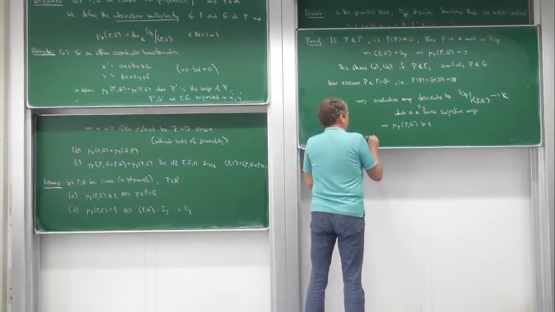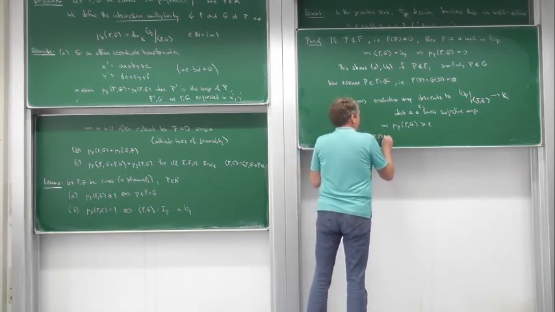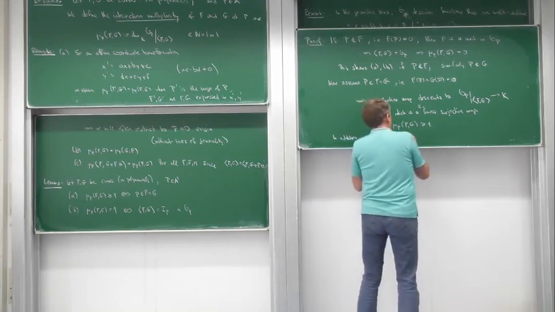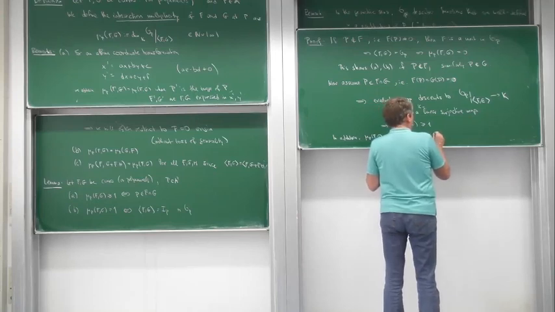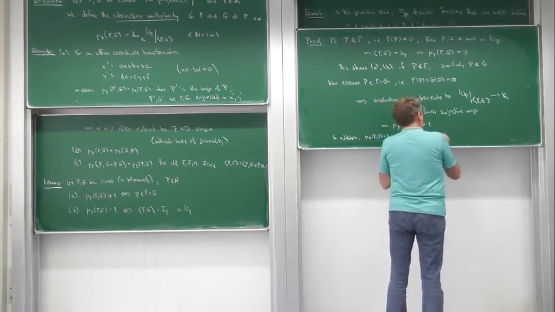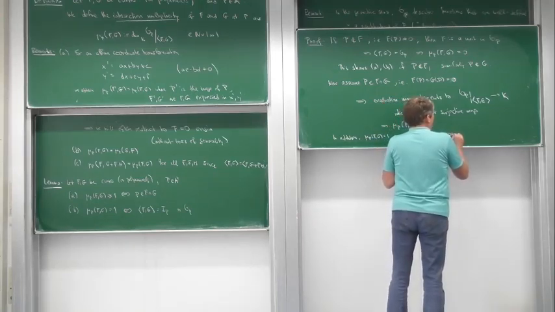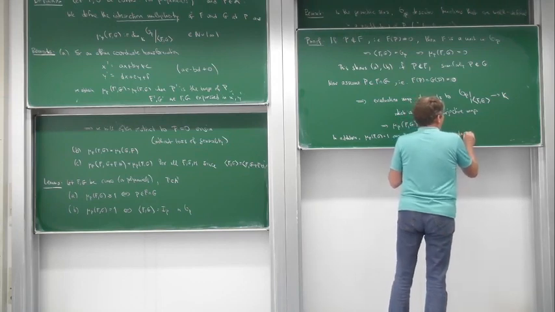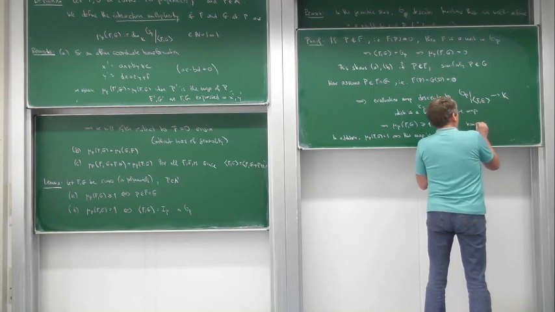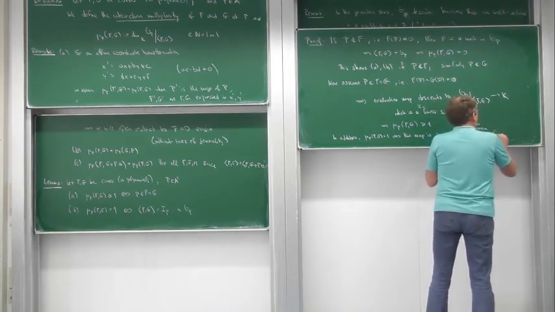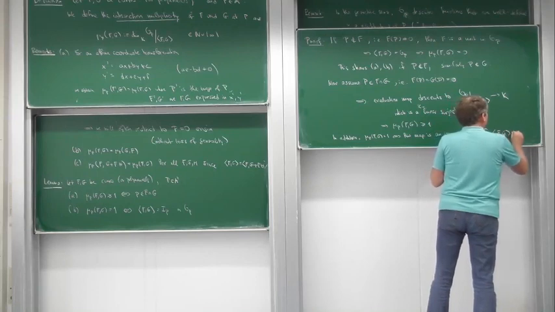So μP of F and G is equal to 1 if and only if this map is an isomorphism. Which means that by the homomorphism theorem, the ideal that we mod out here, (F, G), has to be the kernel of the map, which is IP.